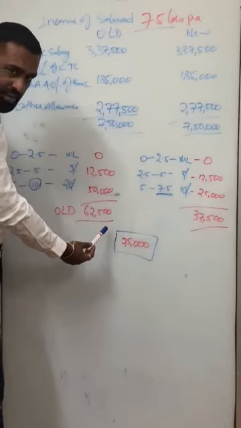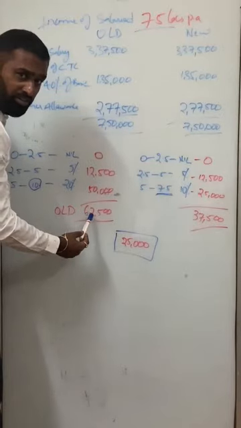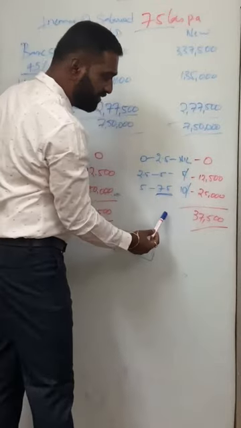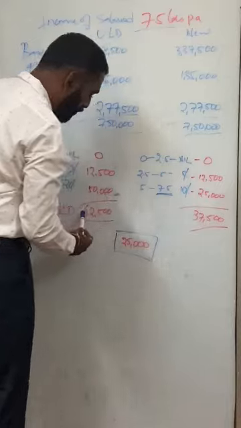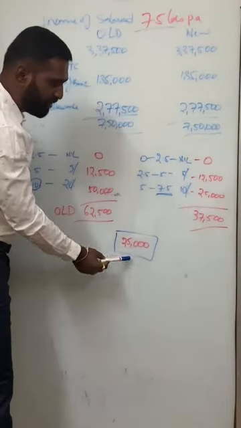If I do the tax calculation under the old scheme, it comes to 62,500 rupees. Under the new scheme, it is 37,500. Now you can find the difference between the old and new: you have tax savings of 25,000 rupees.